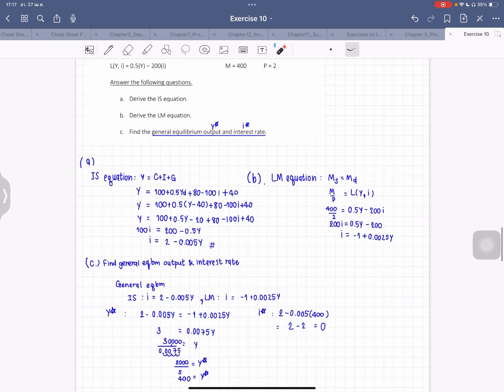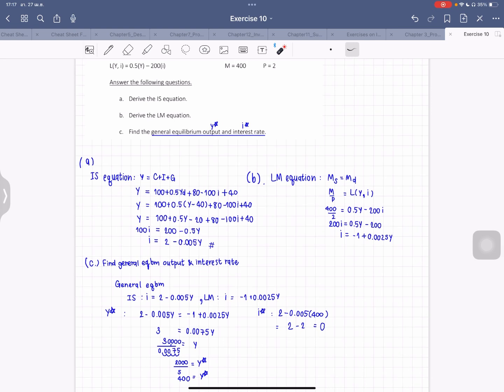So you rearrange some of the terms. So you can get Y equals 100 plus 0.5 Y minus 20 plus 80 minus 100 I plus 40.